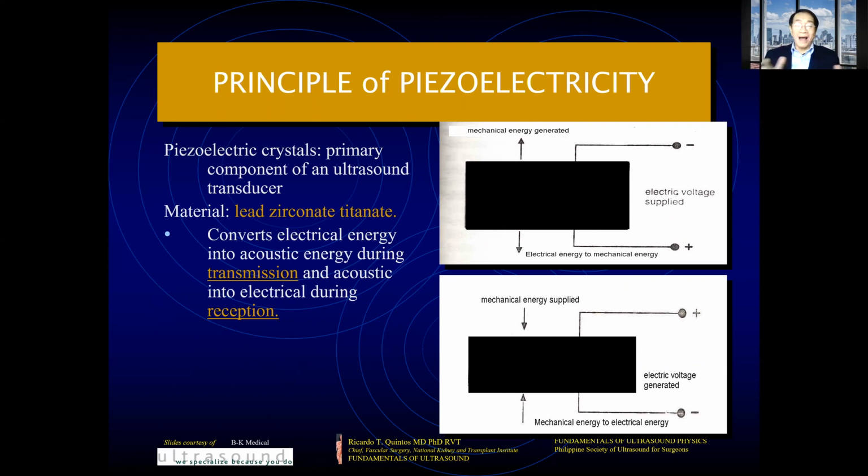It also works the other way. If sound waves hit the crystal and these propagated sound waves of compression and rarefaction make this crystal vibrate, the vibration of the crystals will induce movement of electrons, and thus mechanical energy is converted into electrical energy, which is then interpreted by the CPU.